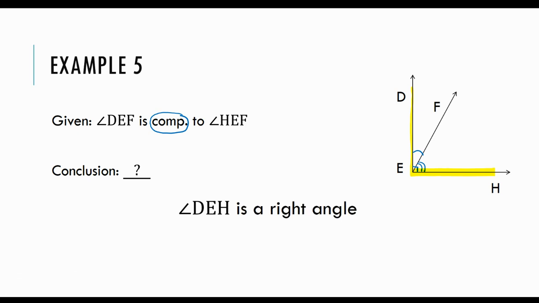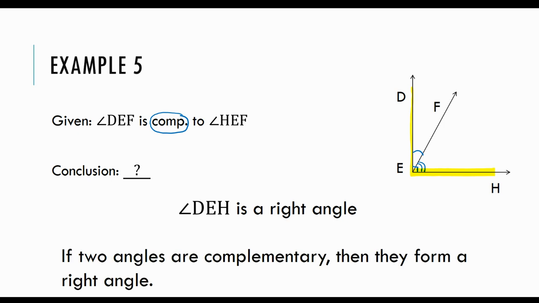So my conclusion is that angle DEH is a right angle. So now to justify this, complementary was given, so the word complementary has to be in the first half of our sentence with the if. So if two angles are complementary, then they form a right angle.